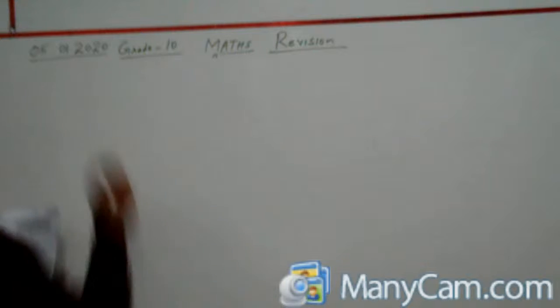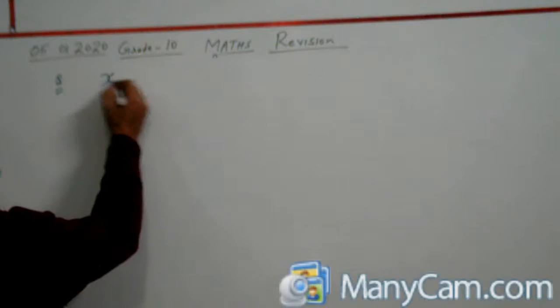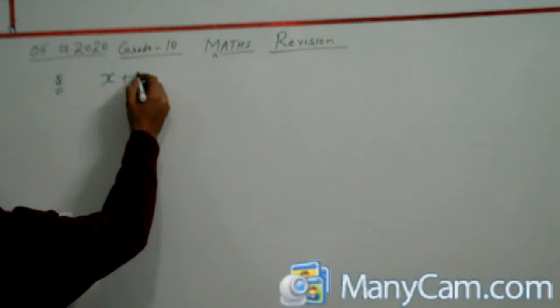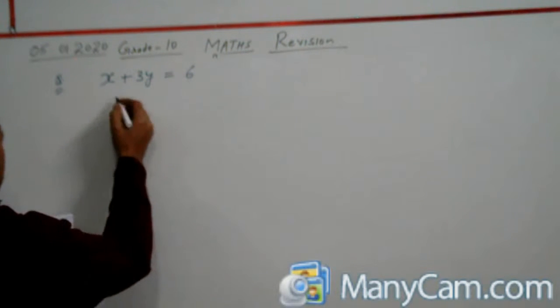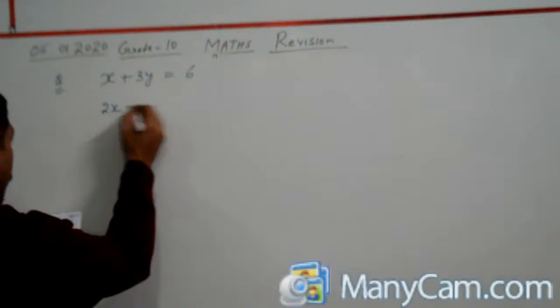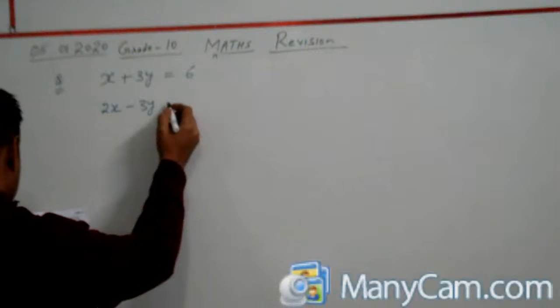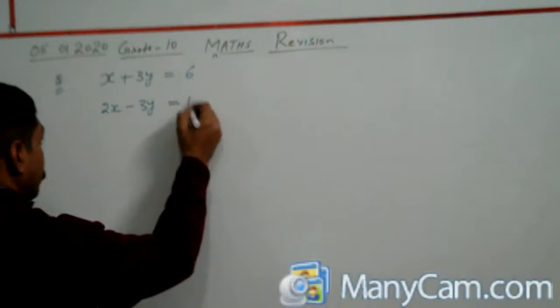Two lines: one is x plus 3y is equal to 6, and the other is 2x minus 3y is equal to 12.